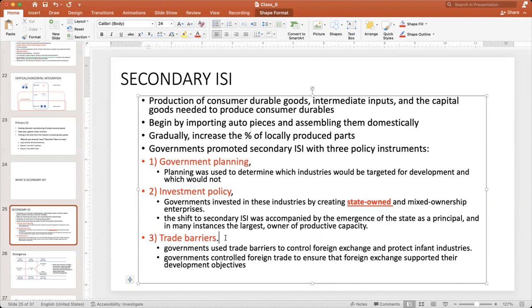With the tariff, the import price should be higher than the domestic bicycle, and that person has more incentive to consume locally than from the international market.